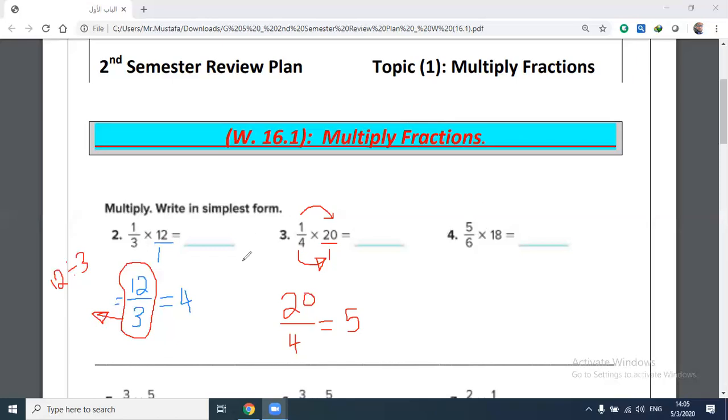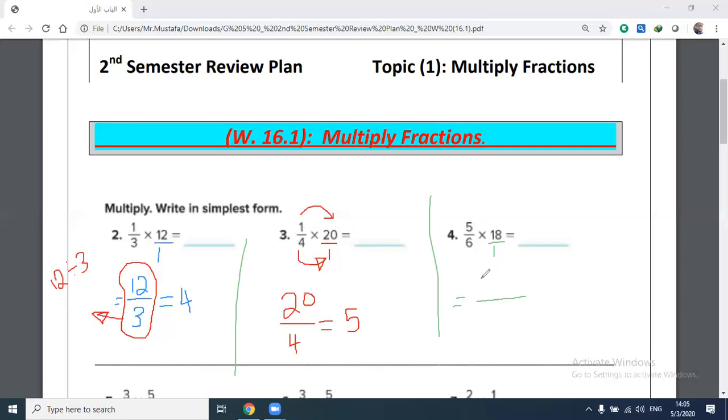Number 4, the next one. How to multiply a fraction by a whole number? I have 5 over 6 times 18. When I have large numbers like this, 18, I can make a big fraction.